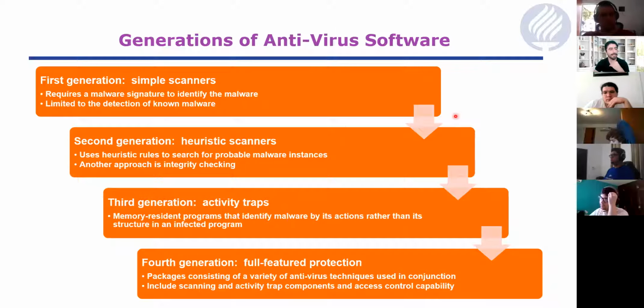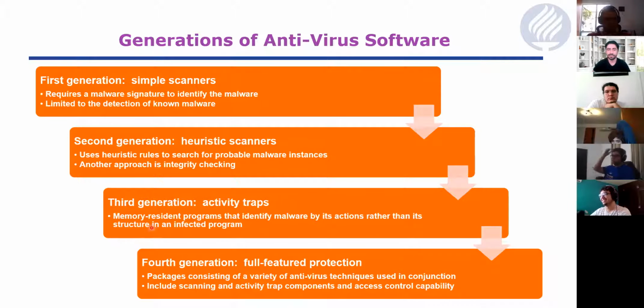The second generation was heuristic scanners, which use heuristic rules to search for probable malware instances. For example, one approach could be integrity checking. The third generation was activity traps: memory-resident programs that identify malware by its actions rather than its structure in an infected program.